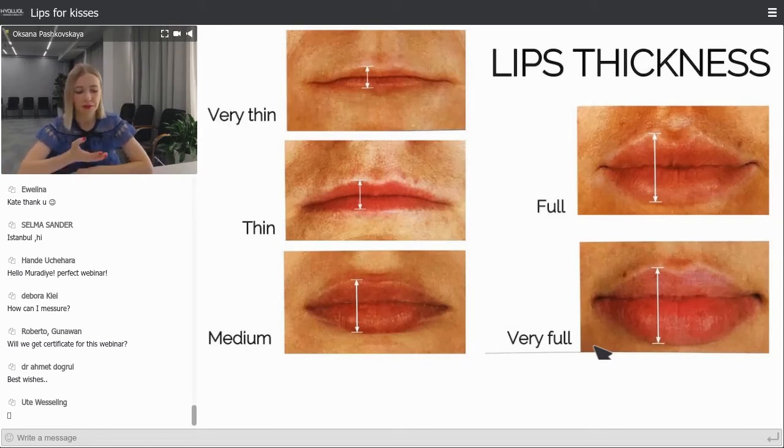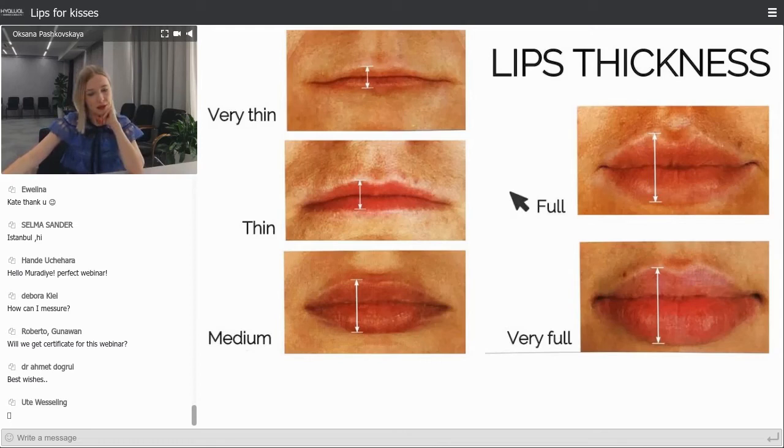So I could not do that, because I do not have magic filler yet. And how about your patients? Does it happen with you when young girls ask you to fill their lips and make them fuller?